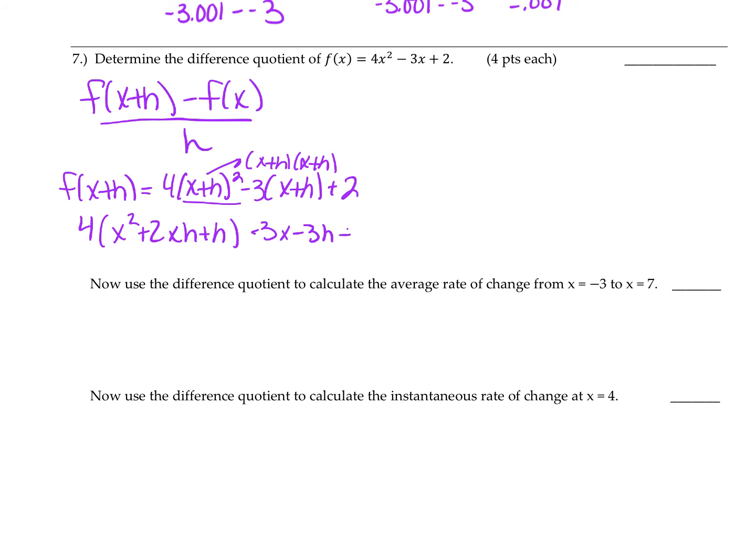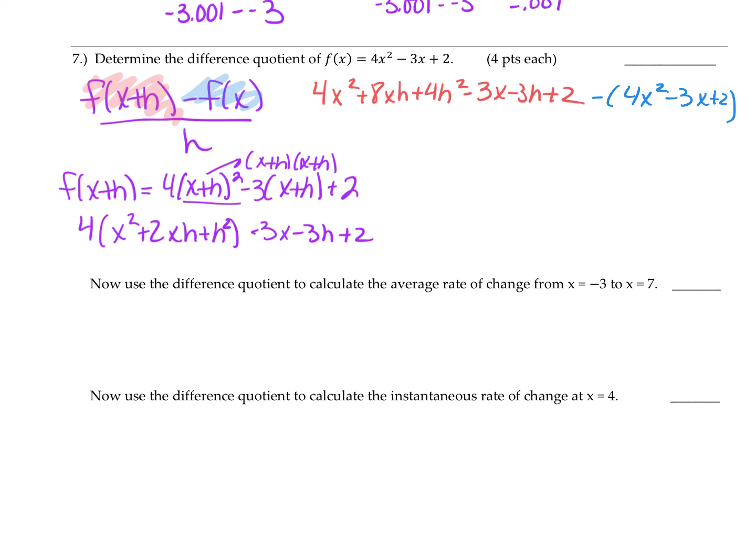Distribute the negative 3. So for f of x plus h, I'm going to have 4x squared plus 8xh plus 4h squared minus 3x minus 3h plus 2, minus f of x, so minus 4x squared minus 3x plus 2, all over h.